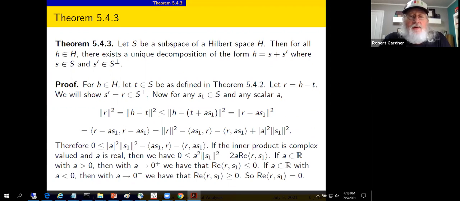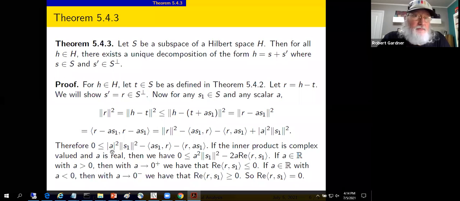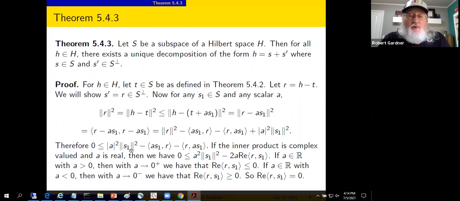So what we have here is, subtract this from both sides, cross out the norm of vector R squared. We've got a situation where 0 is less than or equal to this part of the right-hand side. That is, 0 is less than or equal to the modulus of a squared times the norm of S sub 1 squared minus these two inner products.